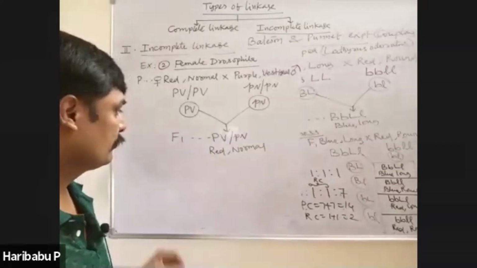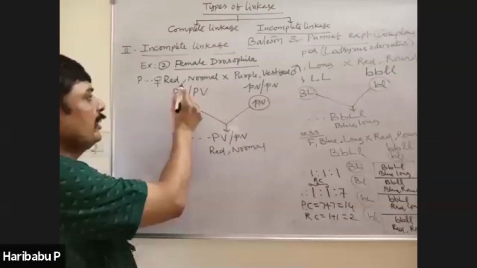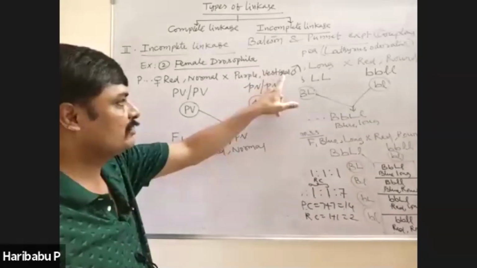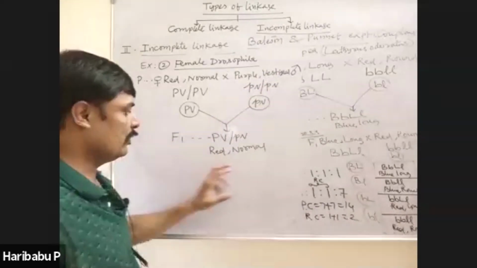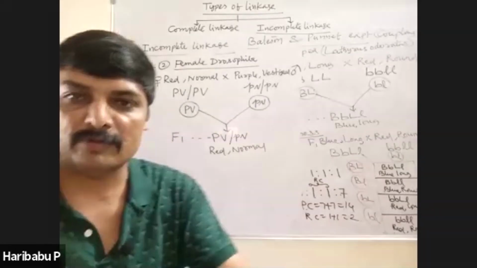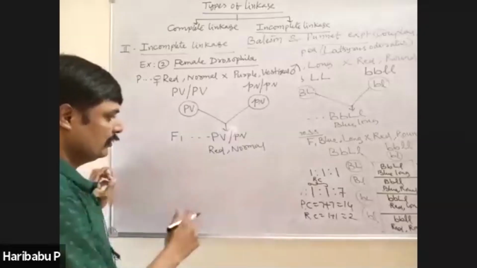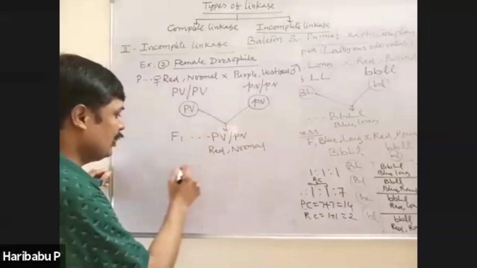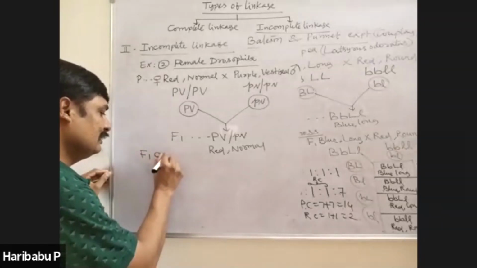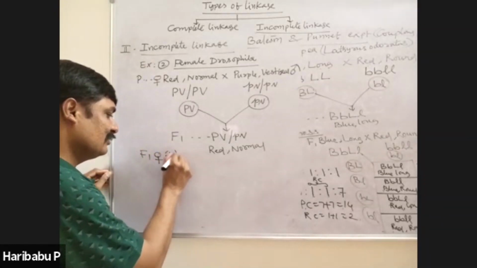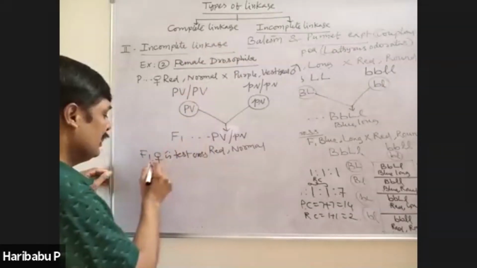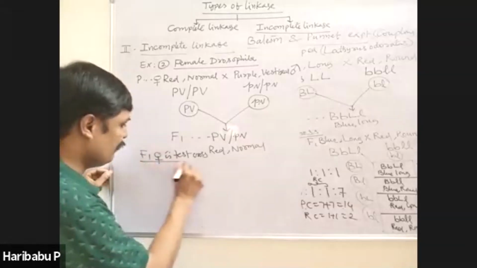When a red-eyed normal winged female is crossed with a purple-eyed vestigial winged male, in the F1 all red normal were obtained. Right. Now the F1 female is test crossed. In the previous complete linkage, the F1 male was test crossed. Now the F1 female is test crossed.